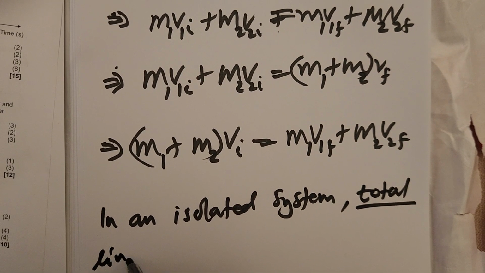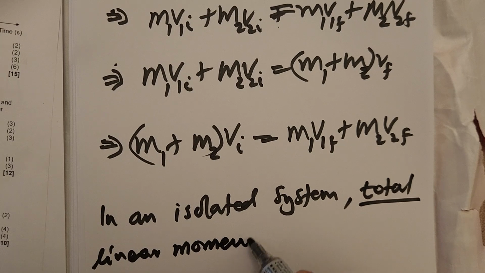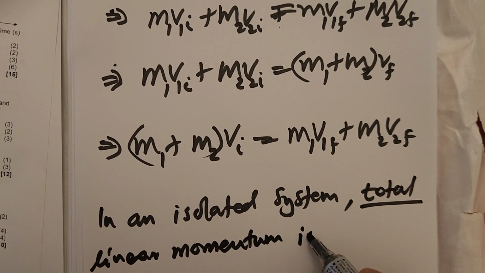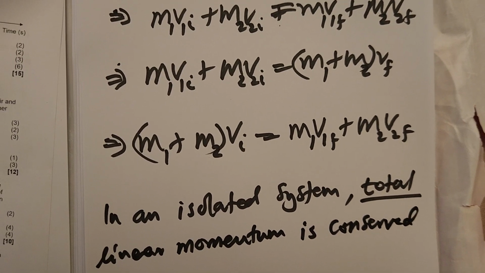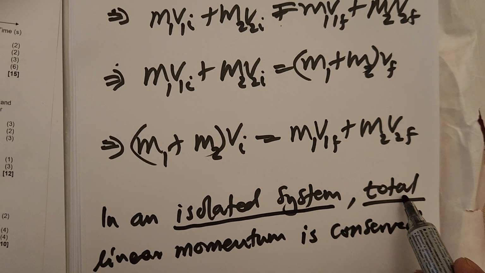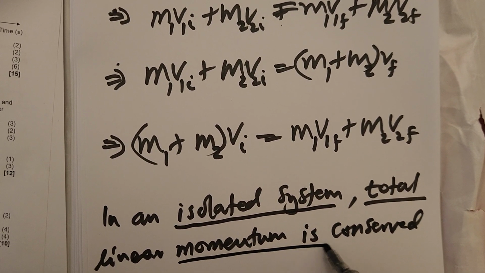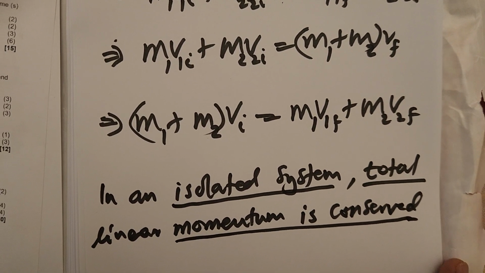Linear is optional. Momentum is conserved. So very important words there will be isolated system, total, and momentum is conserved. So the 3 keywords are very important.